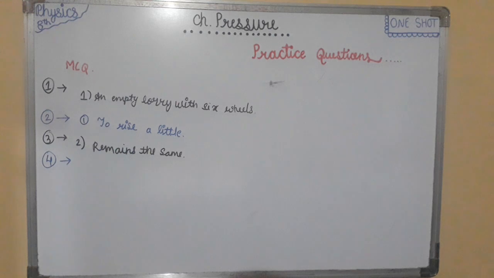Option 1, the density of liquid A is more than B. Option 2, the density of liquid B is more than A. Option 3, the density of liquid A and B is same. Option 4, no such conclusion can be made.